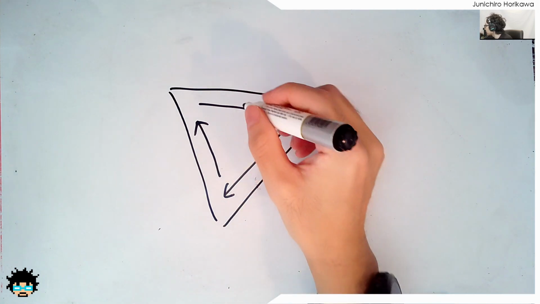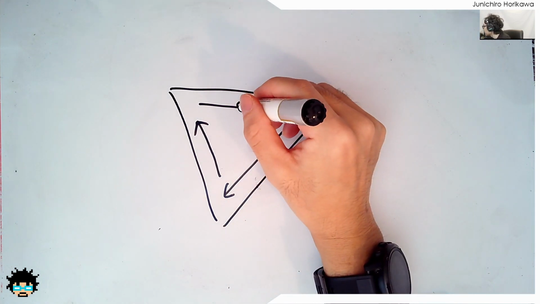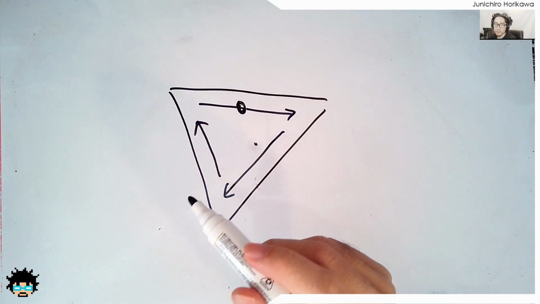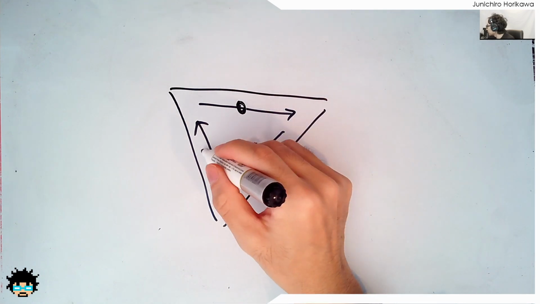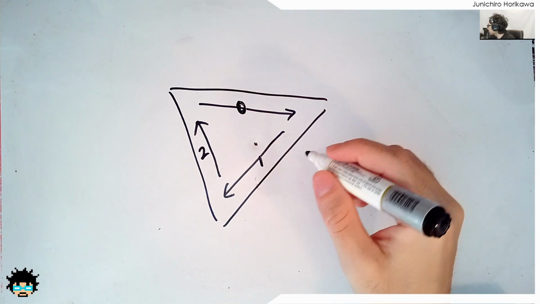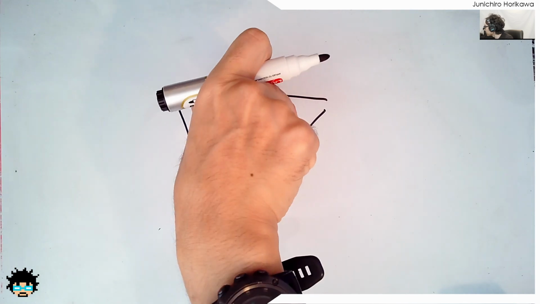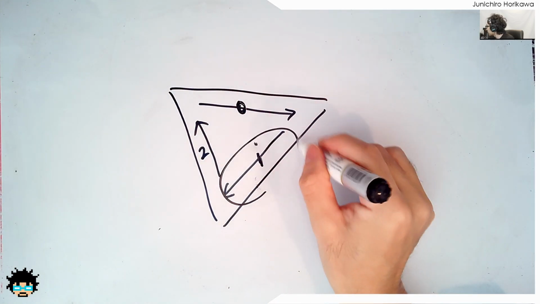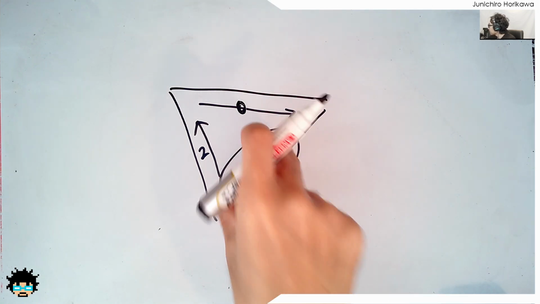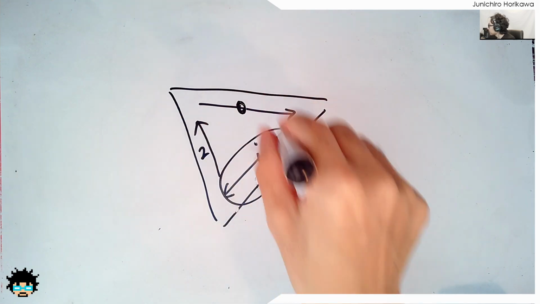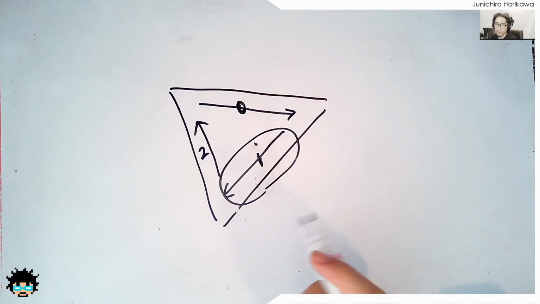So let's say you're looking at this one and the half edge numbers for this half edge is equal to 0, and this is equal to 1, and this is equal to 2. Now if you want to retrieve the next half edge value for this one, you'll be able to retrieve this next half edge, which is in the clockwise order.